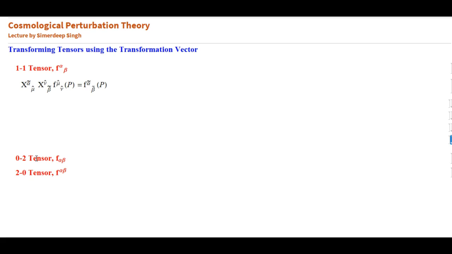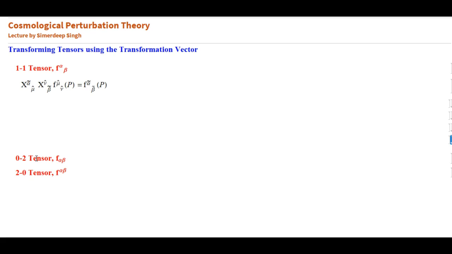You start with the expression in terms of the transformation tensor, then you replace the transformation tensor with the equivalent expression in terms of the transformation vector, and that's how you obtain the transformation relationship in terms of the transformation vector.